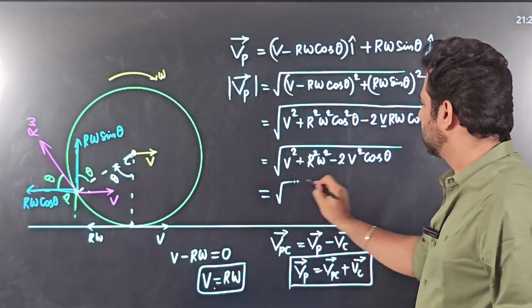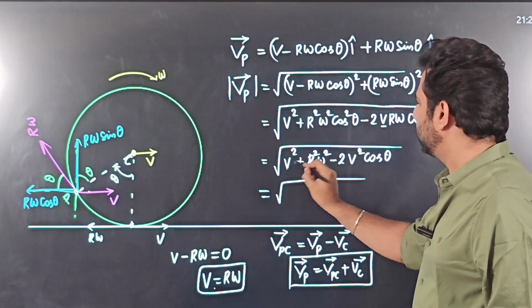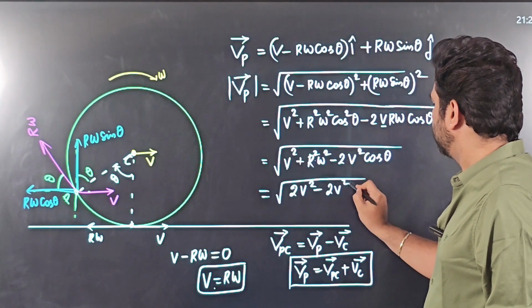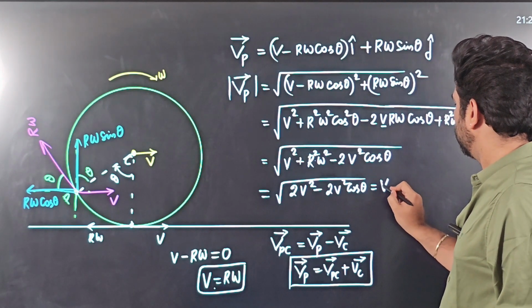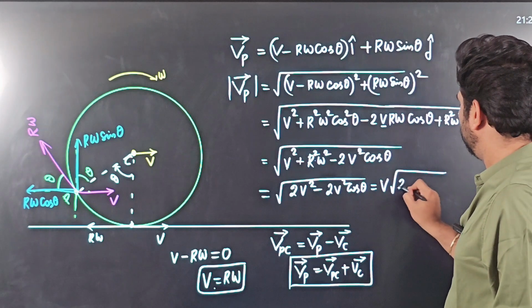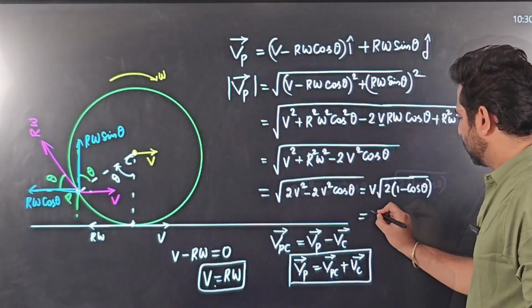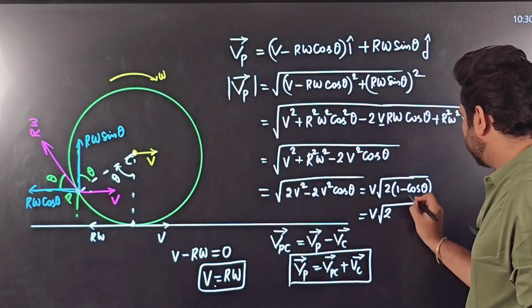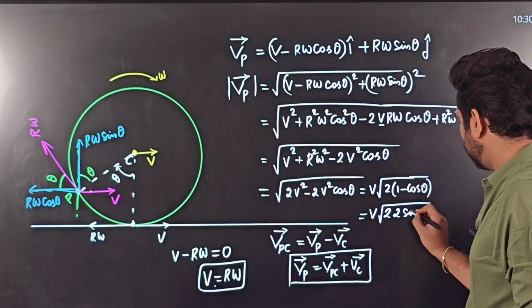So that is, again, r square omega square can be expressed as V square, plus V square, minus 2V square cos theta. That is equal to V into under root 2 into (1 minus cos theta). V into under root 2 times (1 minus cos theta) can be expressed as 2 sine square theta by 2.